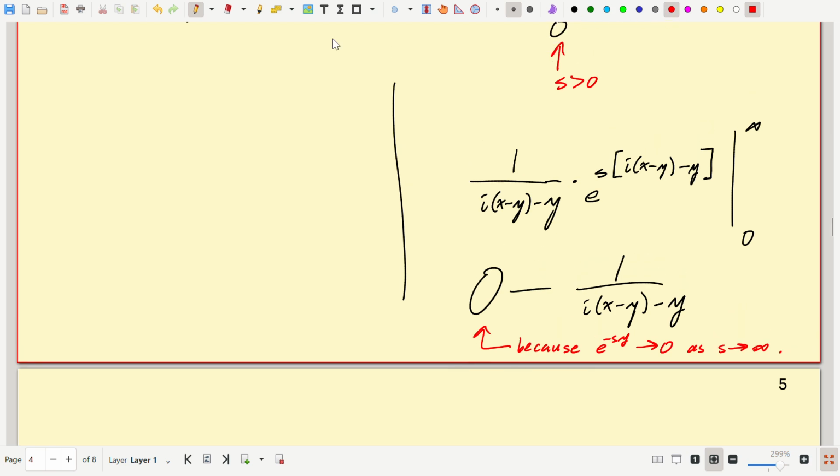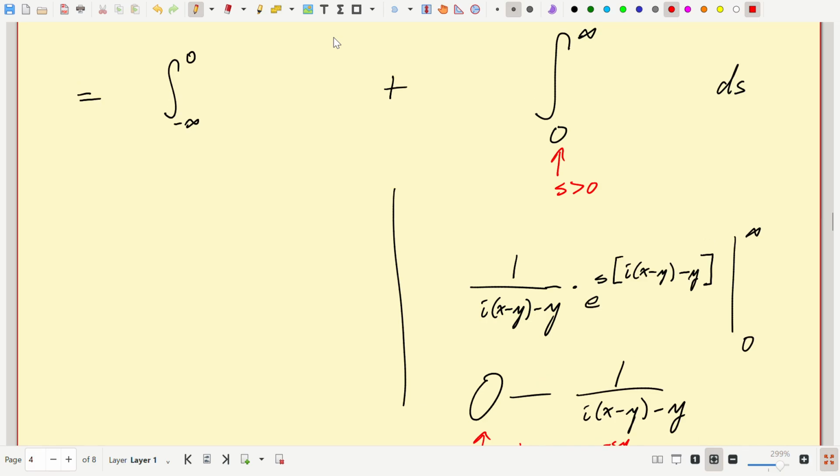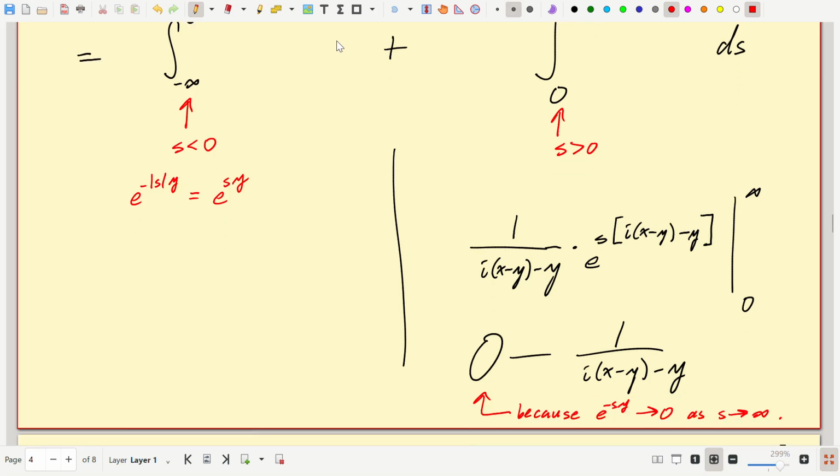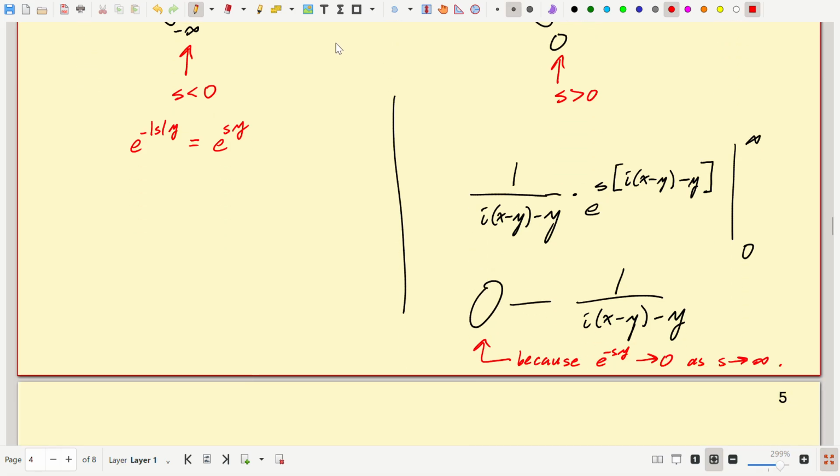In the negative one, then s would be negative, and the e to the minus absolute sy would be equal to e to the sy. So it's slightly different. But the calculation would be basically the same, and so I won't repeat it.